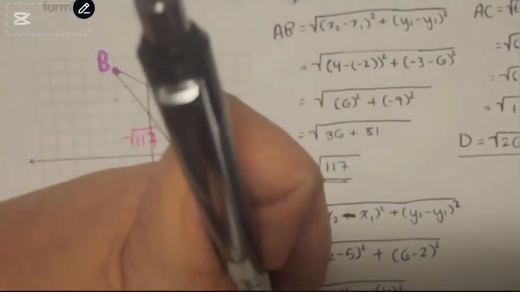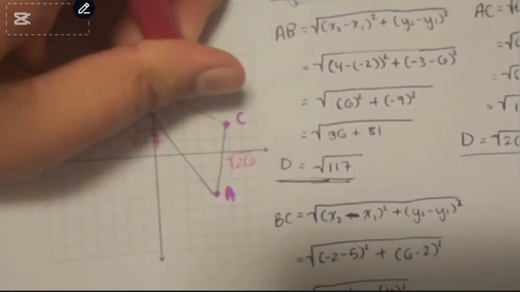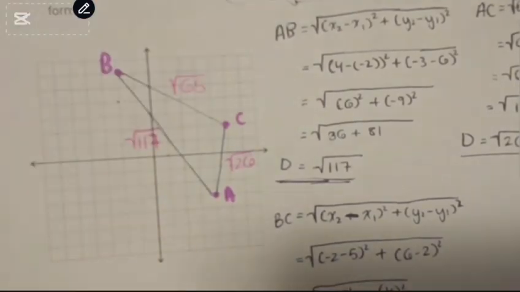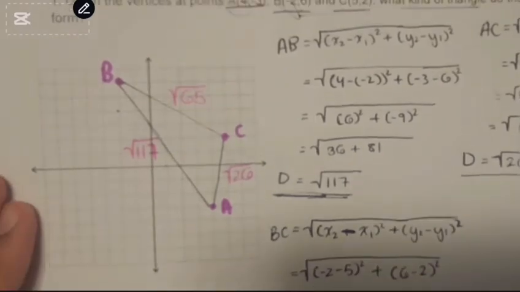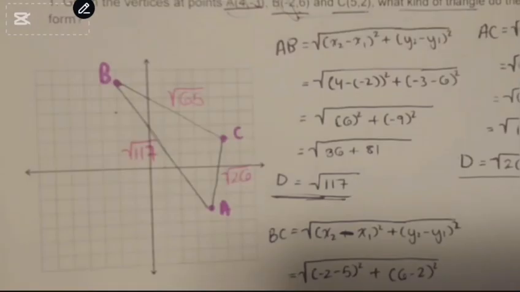And we can just put this back into our triangle. Now, when you see this triangle, you can see how all sides are different. Like, we don't have any side that's all root 65 or 2 sides that are the same length.